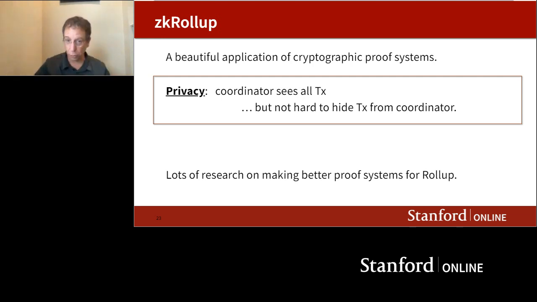So we can even build this whole system and provide privacy, potentially compliant privacy, to end users. Yeah, and there's lots of research, including the research in my own group, on making these proof systems as good as possible for a Rollup-like system.